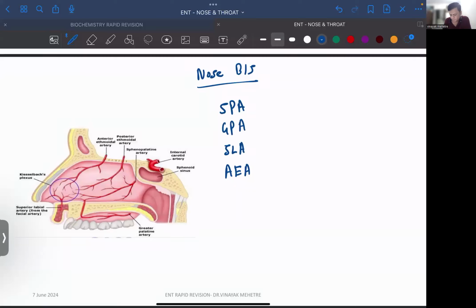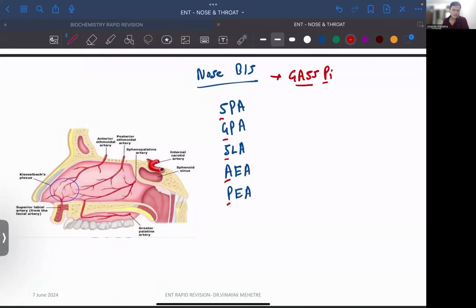Fifth one is posterior ethmoidal artery. How can you remember? You can remember by the mnemonic GASP. That is the blood supply of the nose.